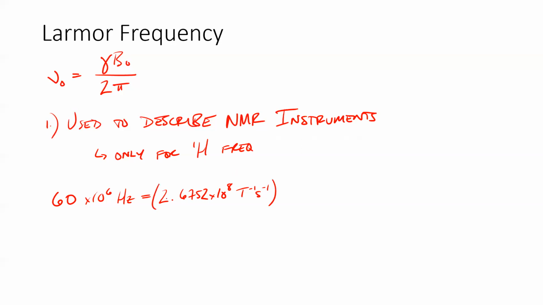I've also seen this written as hertz per Tesla. Right? If you want to write it that way, by all means. B naught, I don't know, divided by 2 pi. So what's B naught for the instrument we have in RMSC 335?